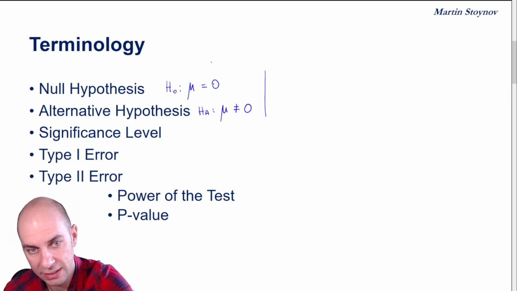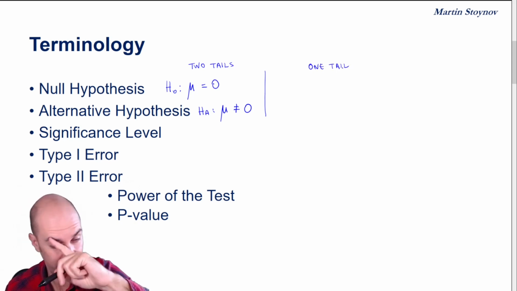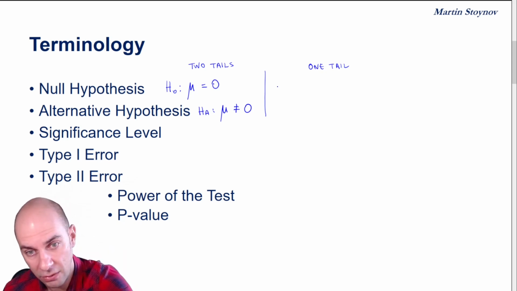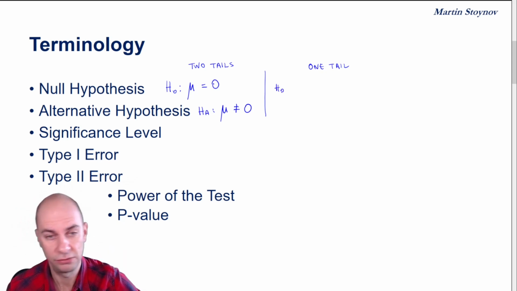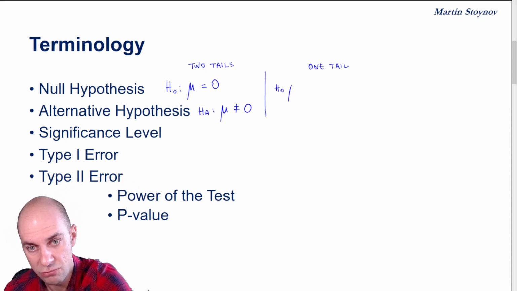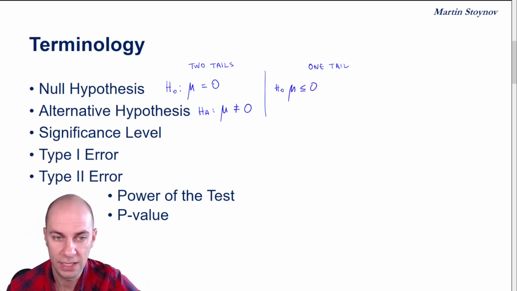The second type of test that we may have to perform is a one-tailed test, one tail, right? So in a one-tailed test, we're going to be using the crocodile sign. So we might say that mu is less than or equal to 0 as our null hypothesis.